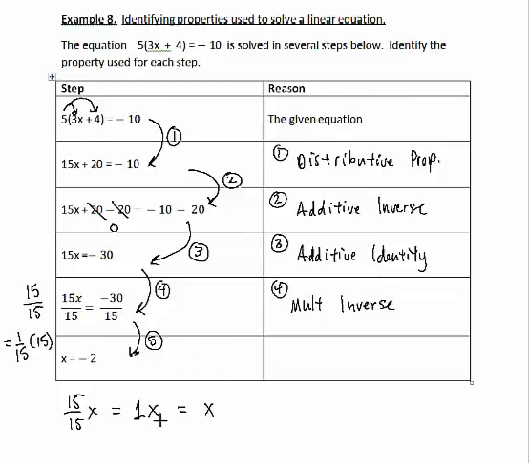And so this is the multiplicative, it's hard to say, identity property. A number times 1 is just that number, or in this case, x times 1 is just x. And so we've rewritten the left side as an x instead of a 1x.